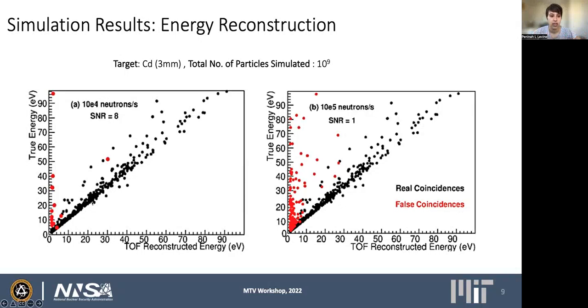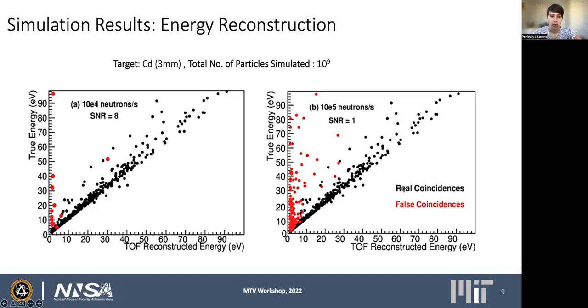And so what we see here is comparing our true energies versus time of flight reconstructed energy. Ideally, what we would want to see is all of our neutrons along that 1-to-1 correspondence line where we are perfectly reconstructing our actual energies. And in reality, through simulation, we do see pretty close to that. Obviously, there's going to be a little bit of a range based on moderation time in that liquid scintillator, as well as scattering off of the walls.